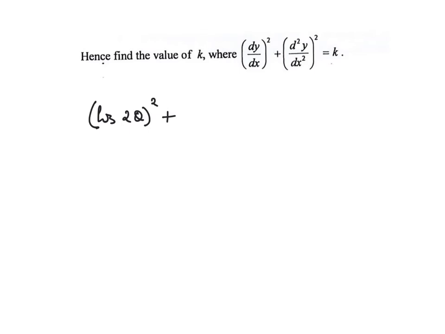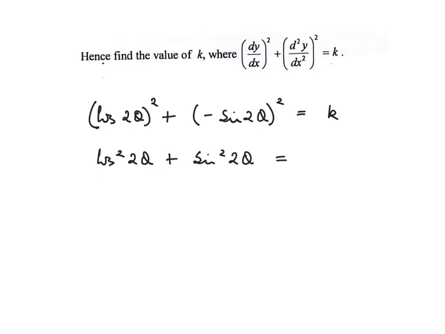Well, we found out that that was minus sine 2 theta, and we want to square that, and that all equals k. So we've got cos squared 2 theta plus sine squared 2 theta. Well, cos squared of something plus sine squared of something equals 1. So k then has the value 1.